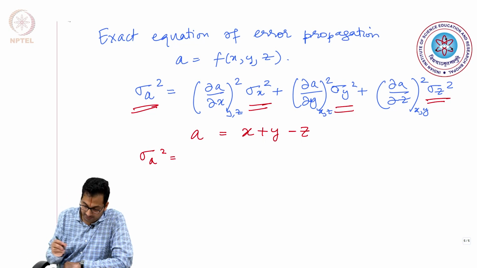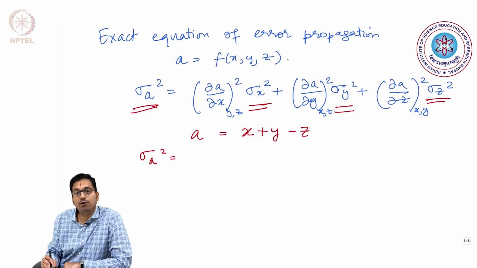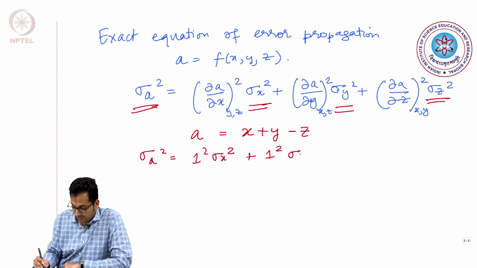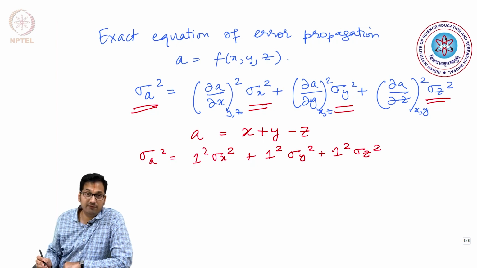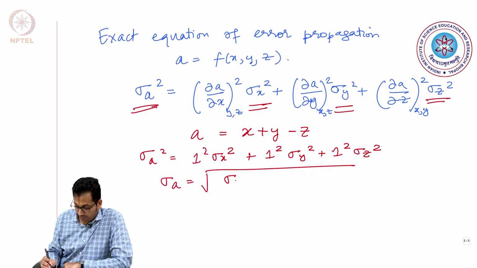So, dou A by dou x is 1. So, you are going to have 1 square times sigma x square. Similarly, will be the case for this, sigma y square plus. So, therefore, sigma A is going to be given by square root of sigma x square, sigma y square plus sigma z square.